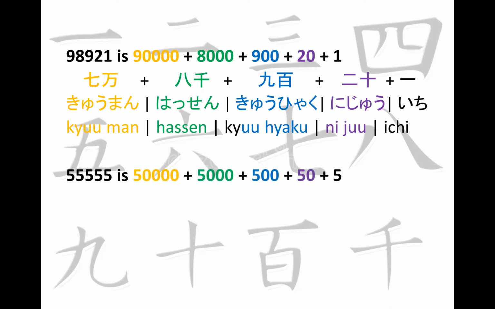Okay, 55,555. Wherein we have 50,000, 5,550, and the 5. What do you think would be the answer? How do we translate this into Japanese? I'll give you a few seconds before I give you the right answer. So go!